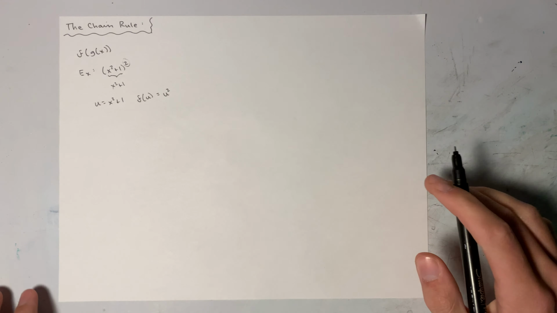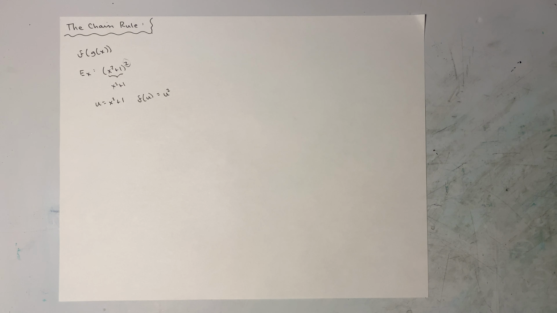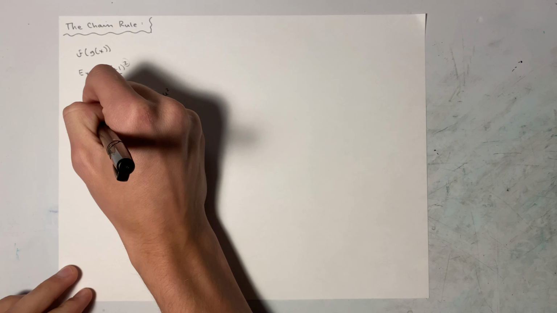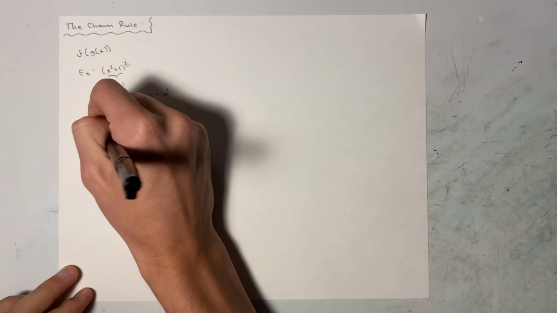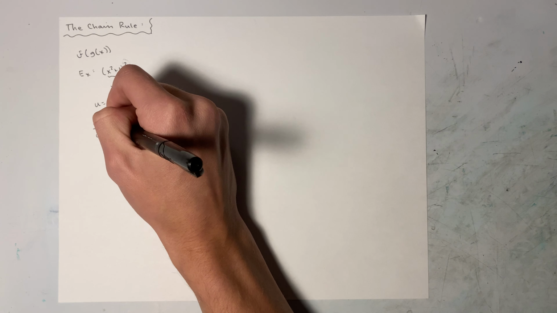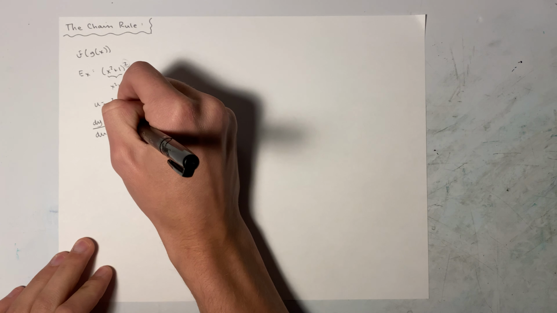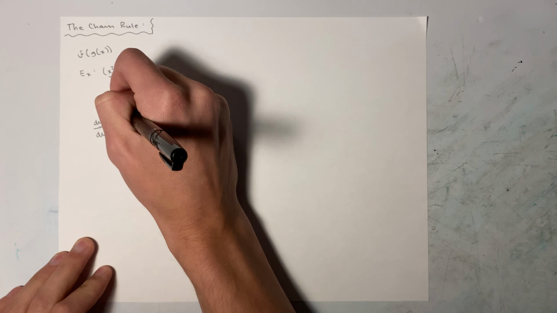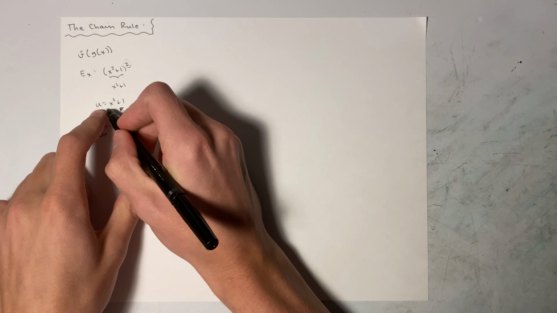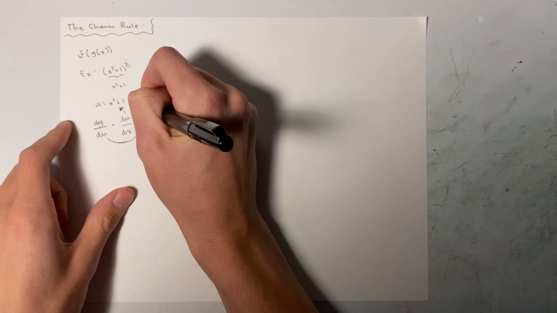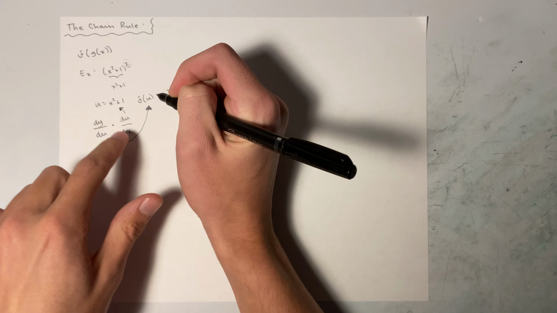So you have to use the chain rule for these kinds of problems. And the way we could show this works is if we take the derivative of y with respect to u, and we multiply that by the derivative of u with respect to x. We're taking the derivative of this inside function.